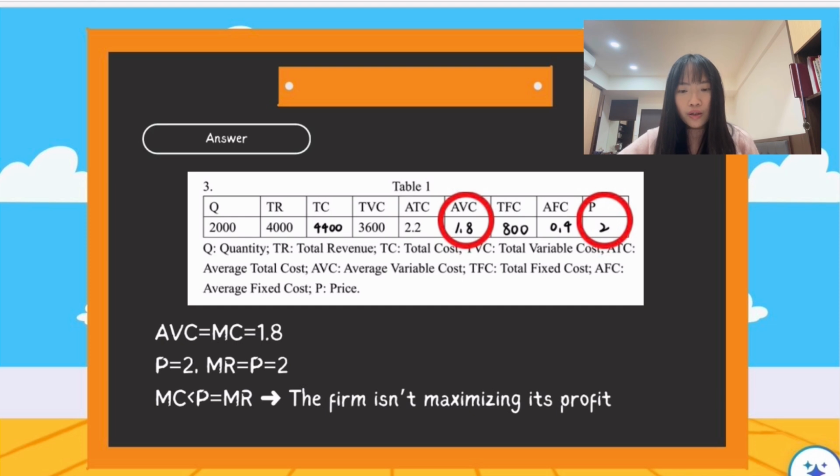This is because price exceeds marginal cost, equivalent to marginal revenue being greater than marginal cost, which contradicts the condition of marginal revenue equals marginal cost.